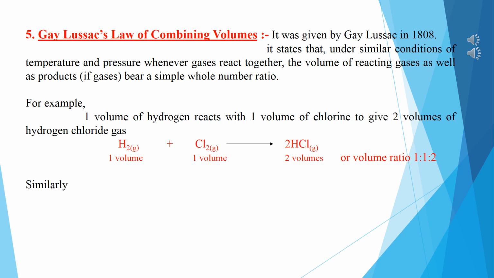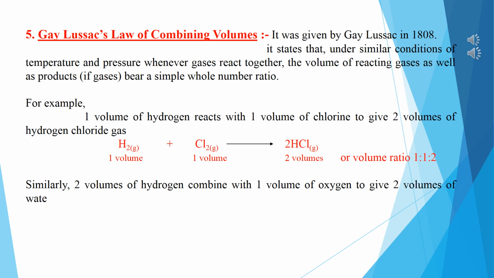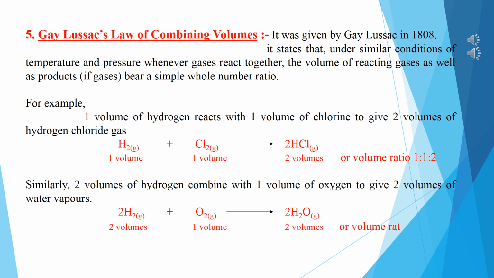Similarly, in the formation of water, two volumes of hydrogen combine with one volume of oxygen to give two volumes of water vapors. So here the volume ratio of hydrogen, oxygen and water comes out to be 2:1:2. That is also a simple whole number ratio.